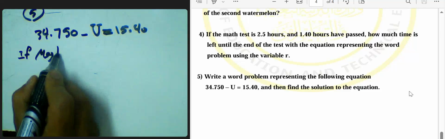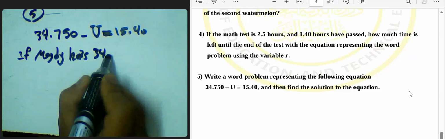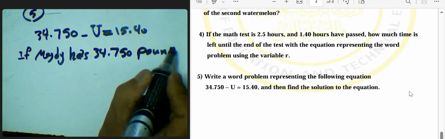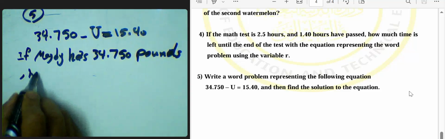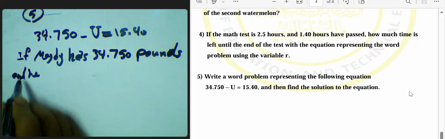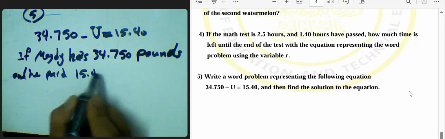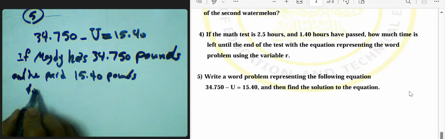Magdi has 34 and 75 pounds and he paid 15 and 40 pounds. Find the remainder.